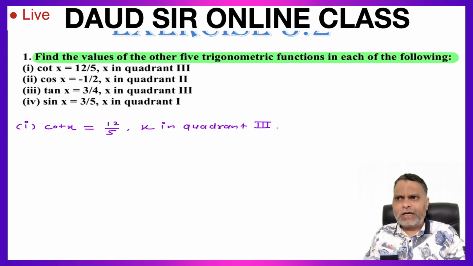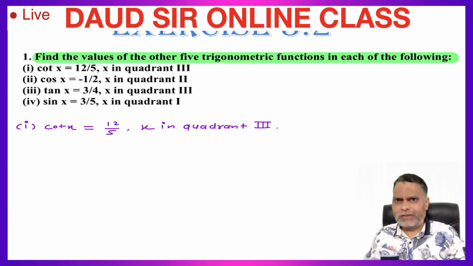For finding the other trigonometrical ratios' values, we can apply two types of methods. One is by using the identities and second is by using the triangle. Any method we can apply, so I am solving this question by using the triangle.